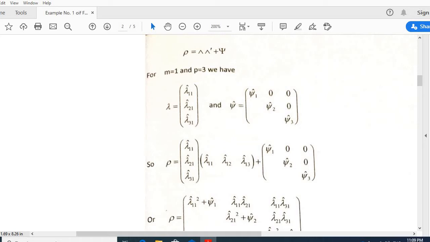Lambda is given here: lambda 1 1 head, lambda 2 1 head, lambda 3 1 head. Similarly, take the transpose of this column matrix, which is a row matrix, plus the value of psi head.